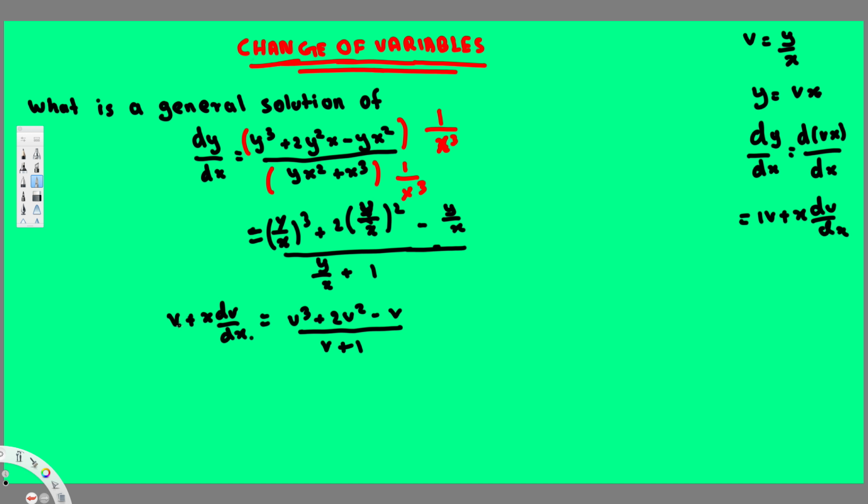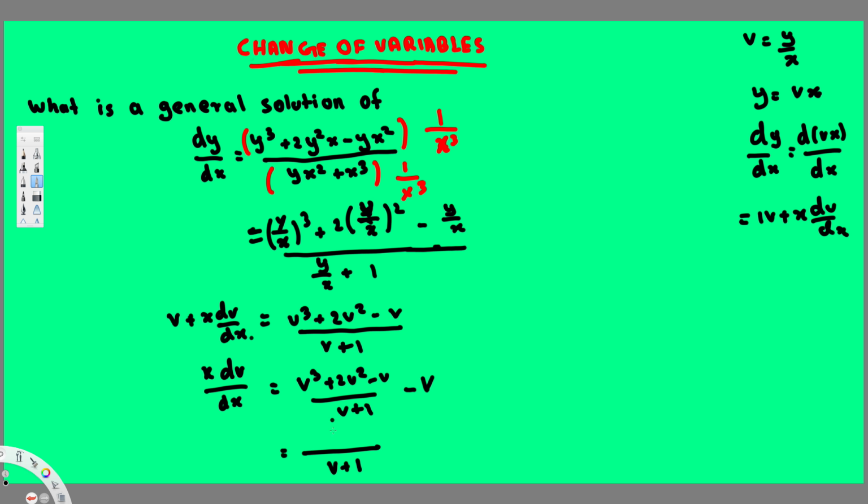Now let's bring this v to this side. So we are going to have x dv over dx equal to v cube plus 2v square minus v over v plus 1, and I'm bringing this v to this side, so that's going to be minus v. And if I want to combine this with this, I can take v plus 1 as the common denominator.